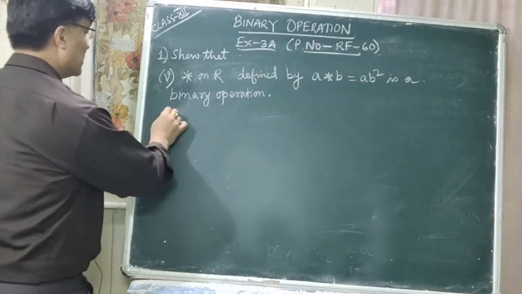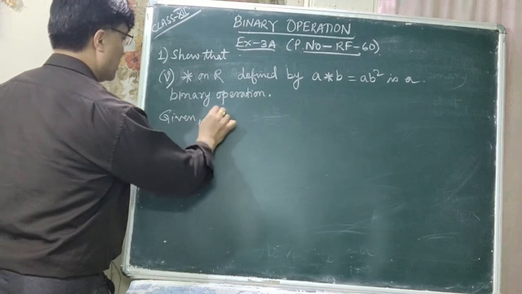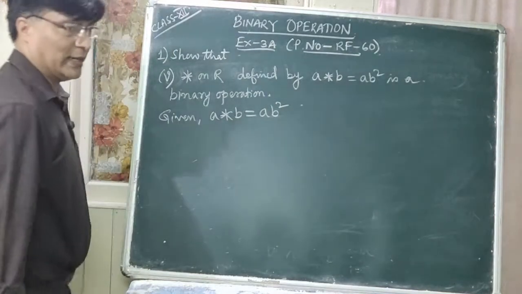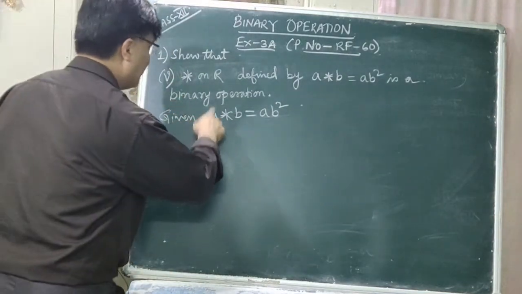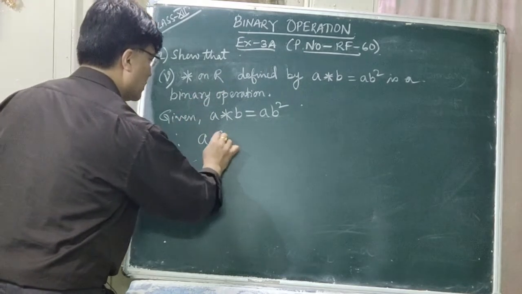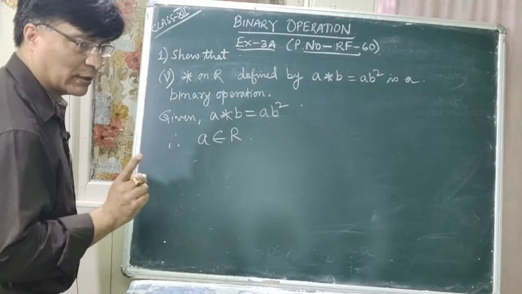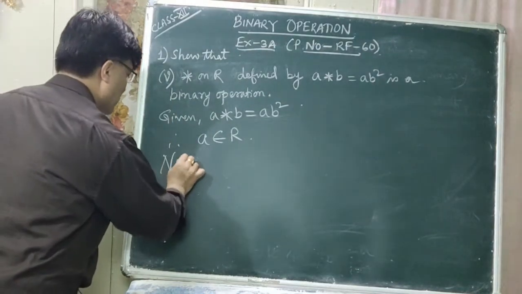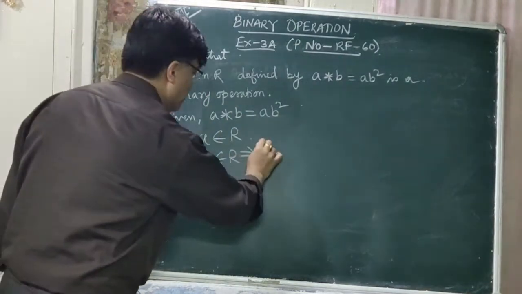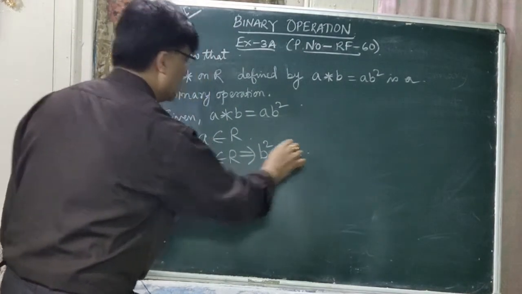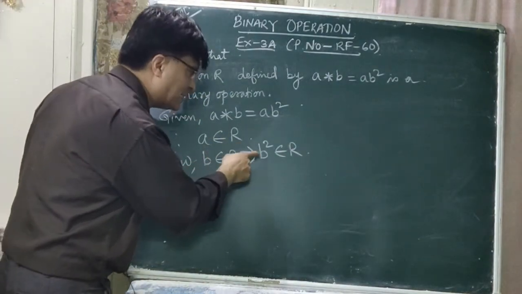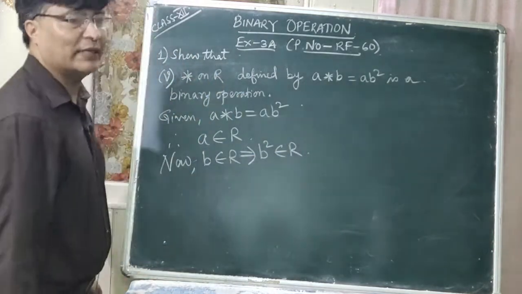Now here given is A star B is equal to AB square. If A belongs to the real numbers, and B also belongs to the real numbers, it implies that B square also belongs to the real numbers.